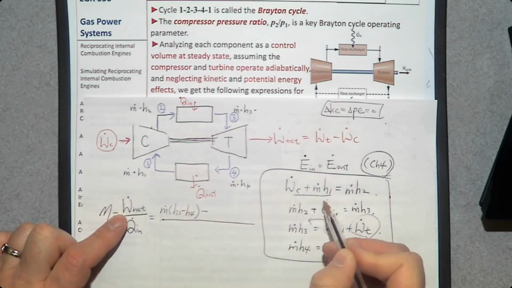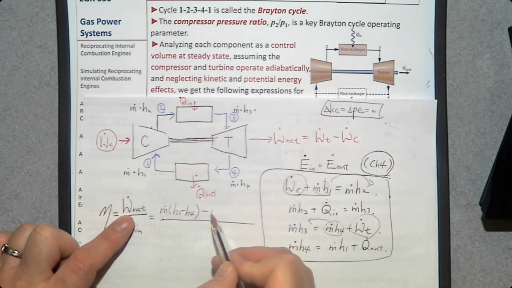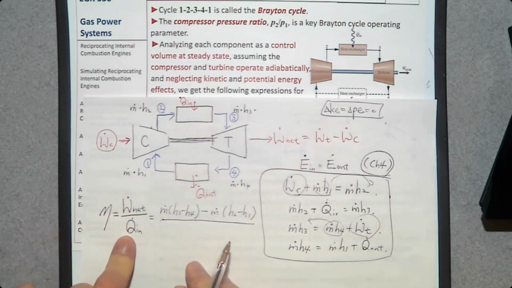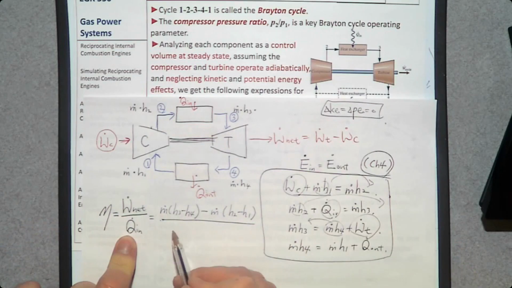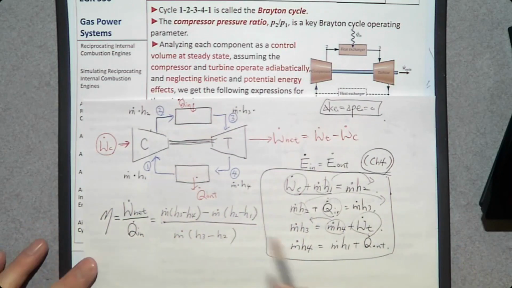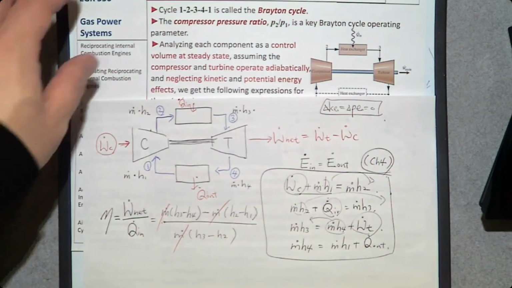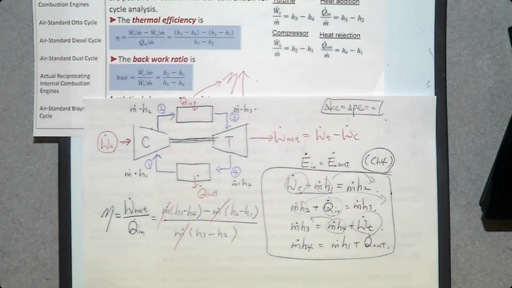Minus W dot C, which is here. If you move this one to the right hand side, m dot (h2 minus h1). Over Q dot in is here. If you move this one to the right hand side, m dot (h3 minus h2). You can cancel m dot out. So that's how you determine the thermal efficiency. The last one is the backwork ratio.